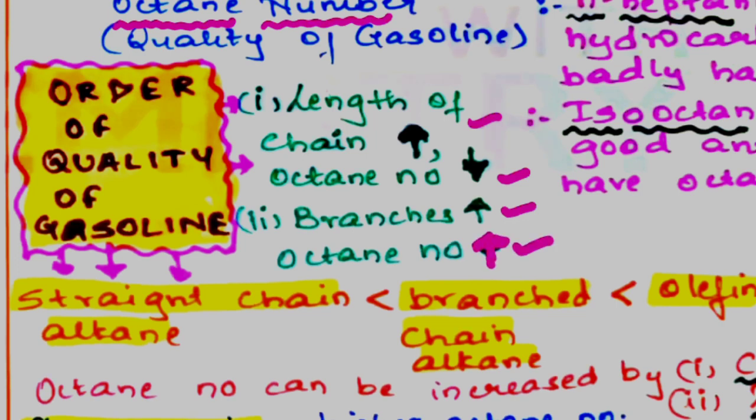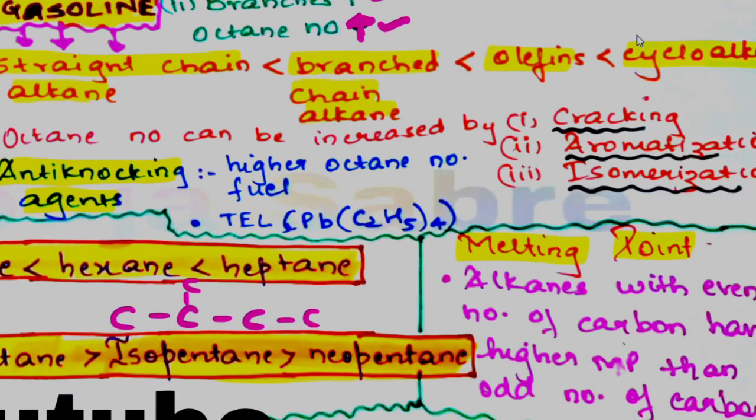Clear? I repeat, as the length of the chain increases, octane number decreases, and as the branching increases, octane number increases. Clear? Octane number can be increased by cracking, aromatization, and isomerization.